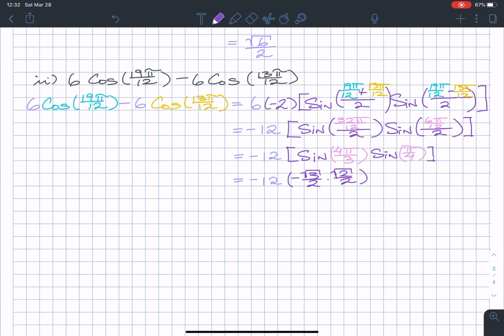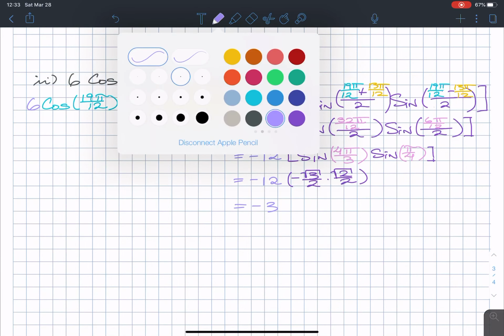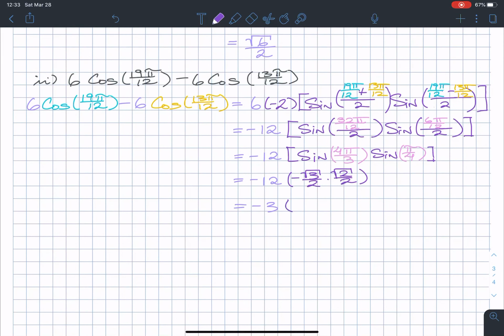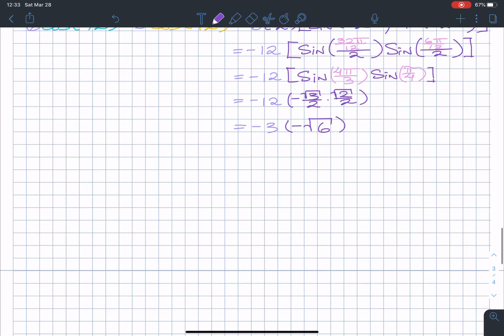So I know my denominator would be 4, but 4 goes into 12 3 times, so this will be negative 3 times the quantity negative root 6. So I end up with a positive 3 root 6 when all is said and done.